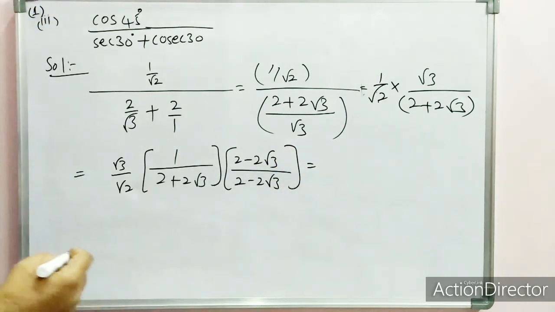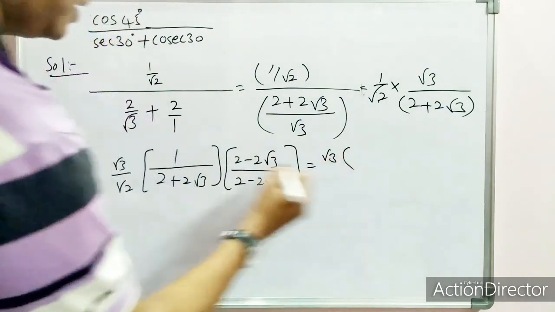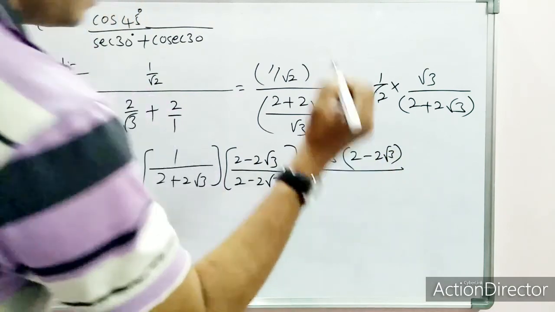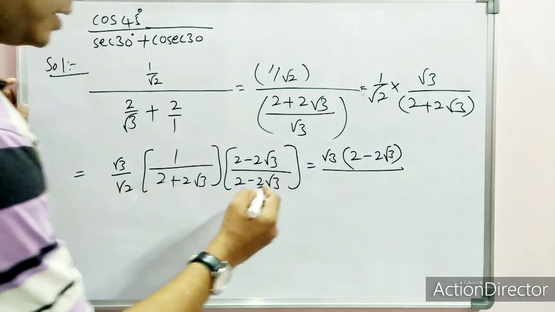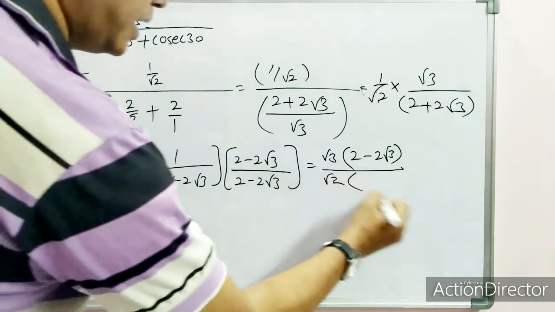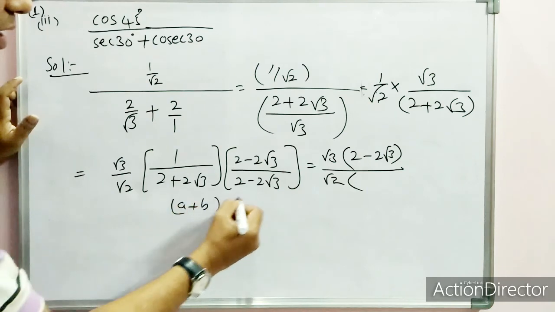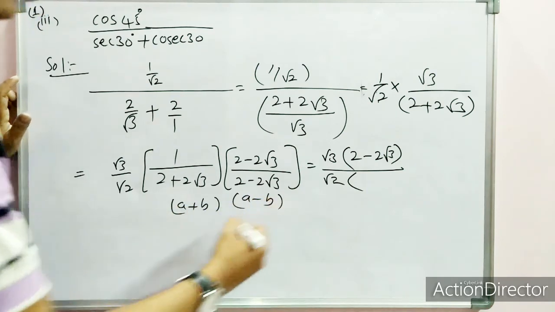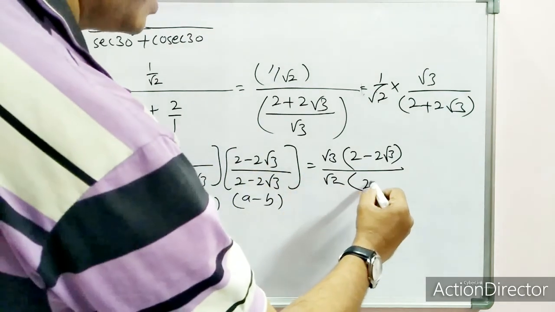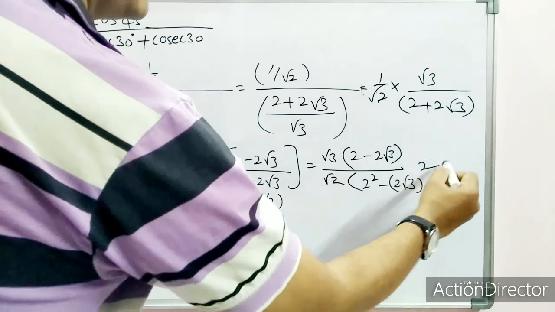Now this is a plus b into a minus b, so the formula will become a squared minus b squared. That is a squared is 2 squared minus b squared is 2 root 3 whole squared.